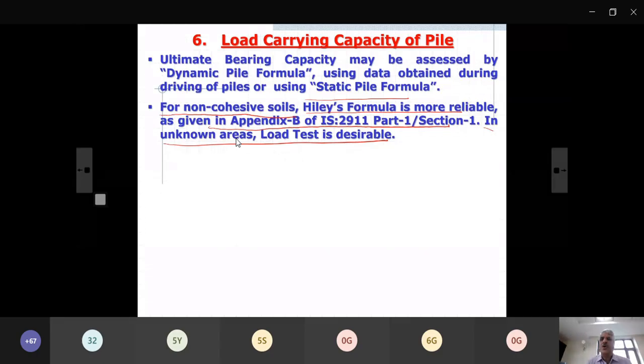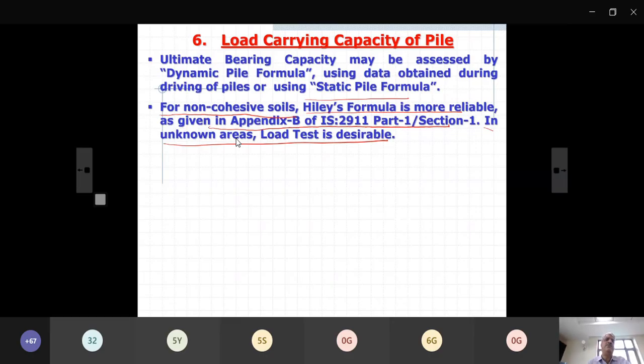As I told you, all these formulas are based on some approximation. Even your geotechnical investigation you may be doing at one place, you don't do it every inch, but your soil data may be varying from place to place, even with depth. So many things. So the actual proof of the pudding is in eating and not in preparing.